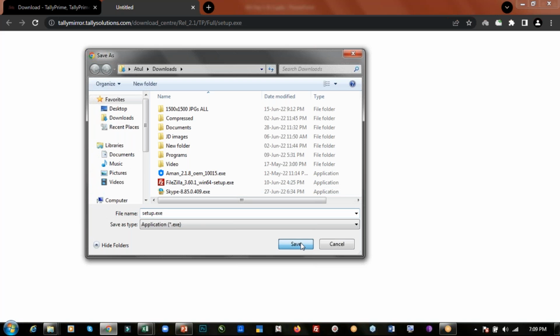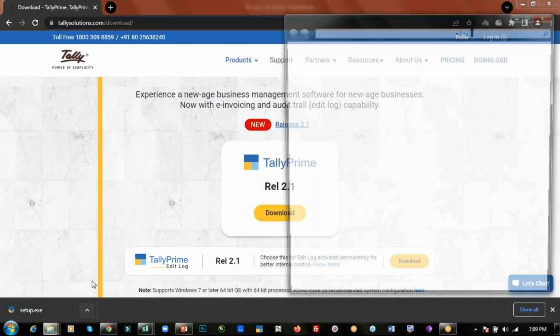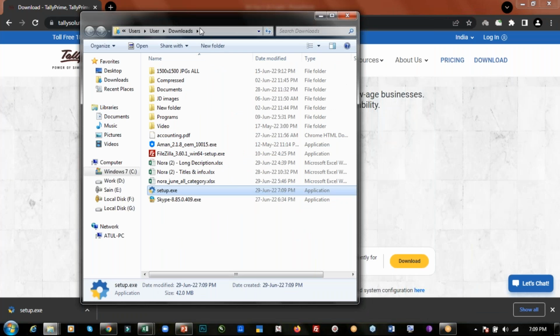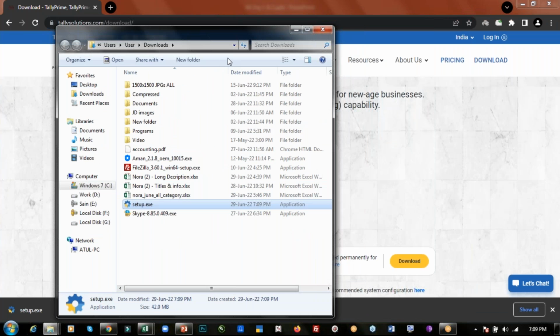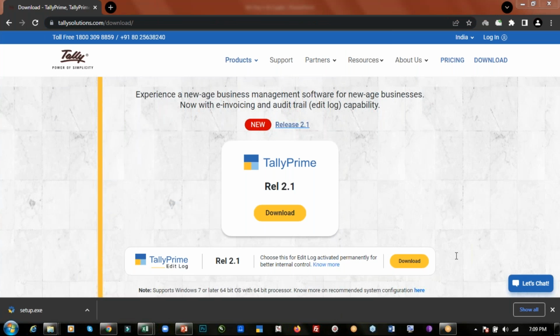All right, save it. Then you will see the setup file is being downloaded. After downloading this file, just open that file. It will show you the option to install. After that, the TallyPrime software will get installed into your PC or laptop. It is very simple. I am sharing this link in the chat. You guys can use it.